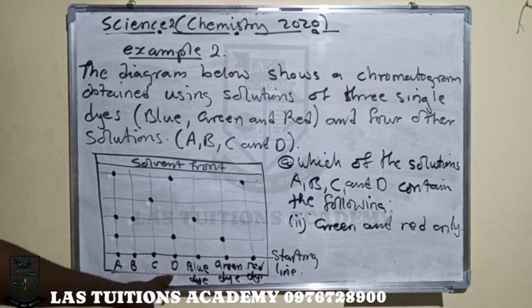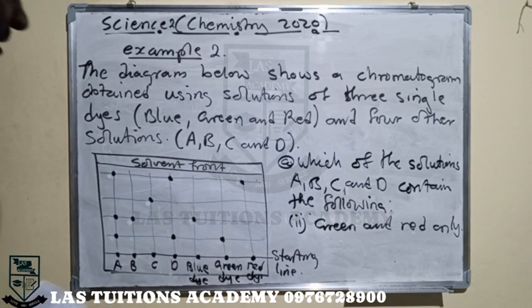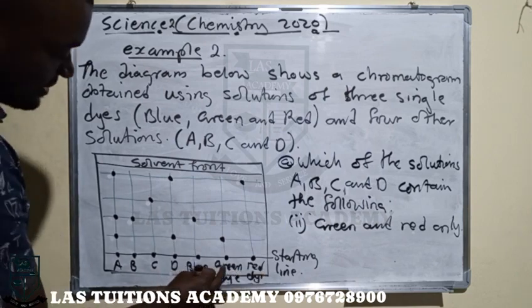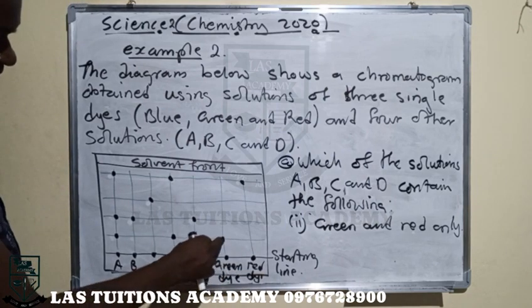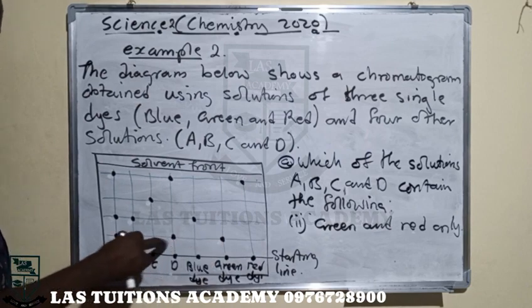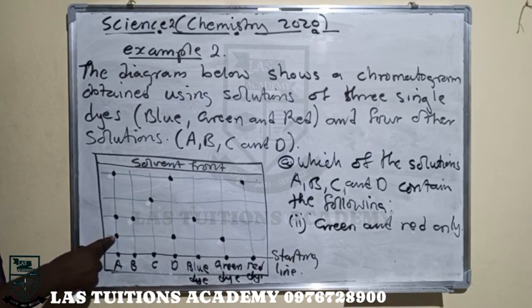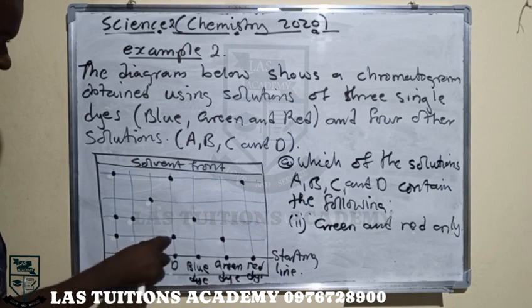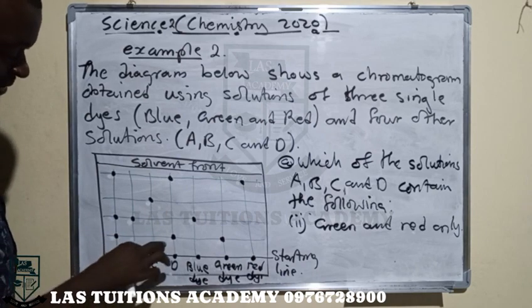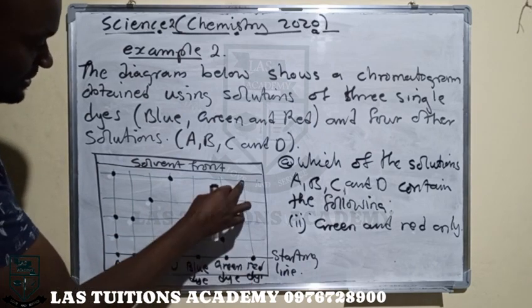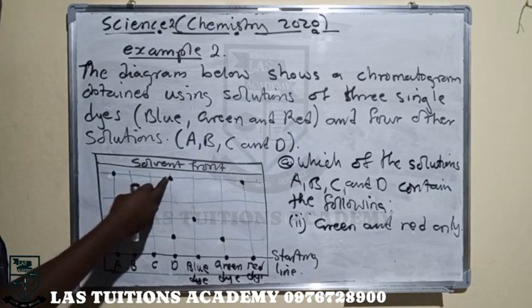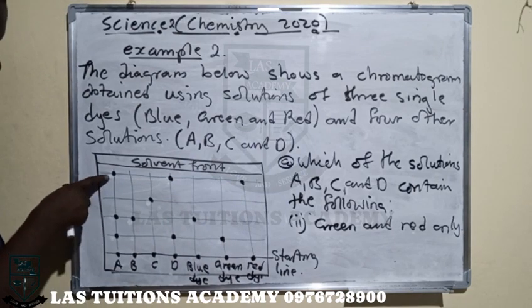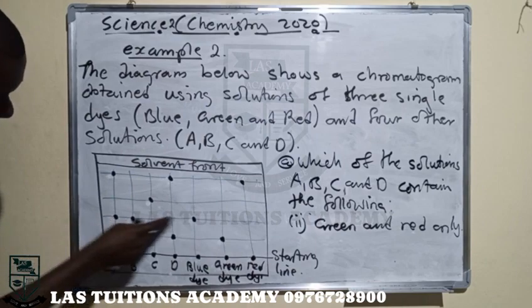D, correct. So D contains green and red, because when you look at green, the spot is on the first line. D has a spot on the first line, though A also has a spot on the first line. Yes, these two have spots on the first line, but then let's go to red. D has red here and A has red, but A also has this color here, which is blue.